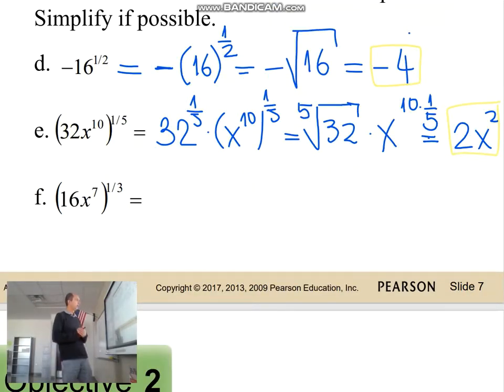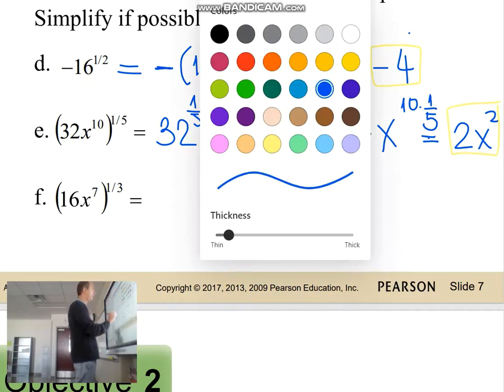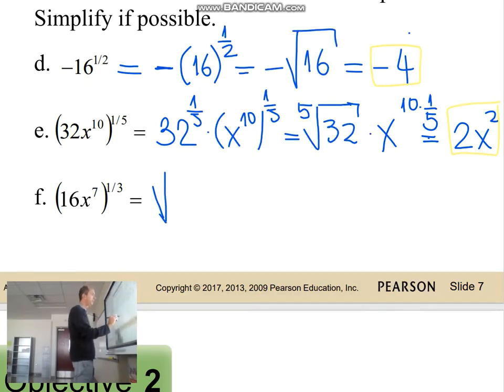The next example, letter F, we have parentheses 16 times x exponent 7, exponent 1 over 3. And we can rewrite this as the cube root of 16x exponent 7.